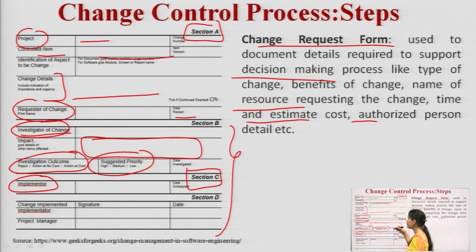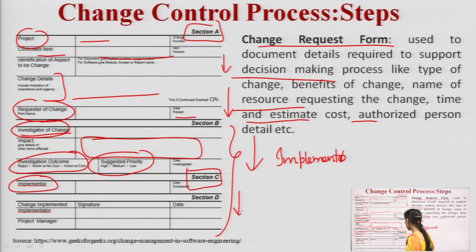Next level of hierarchy: the first level, then the second level investigator, the third level implementer. And then whether the change has been implemented, that is by the project manager. So, we can see that this change request form involves 4 persons. First was the identification for the change request.